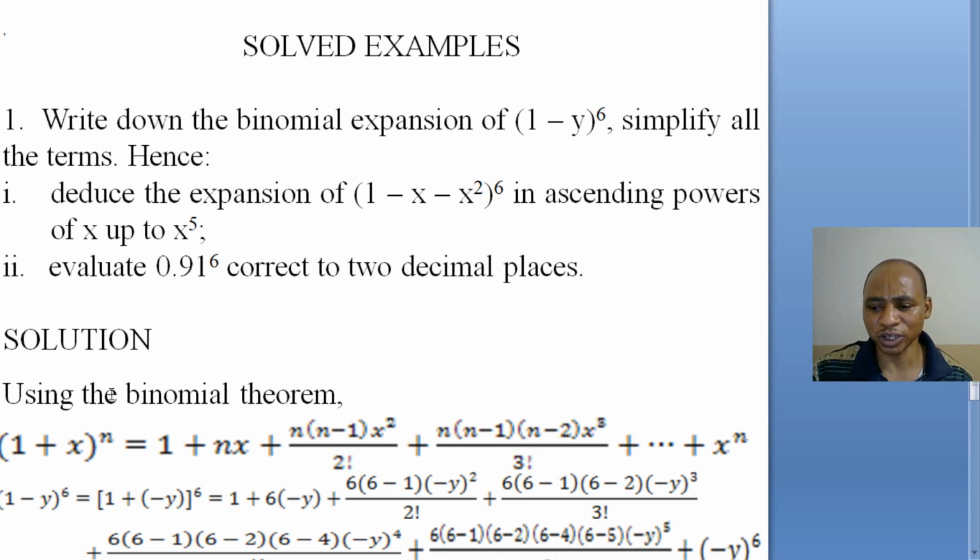Now the solution goes this way. We first use the binomial theorem to expand and simplify 1 minus y all raised to the power 6.